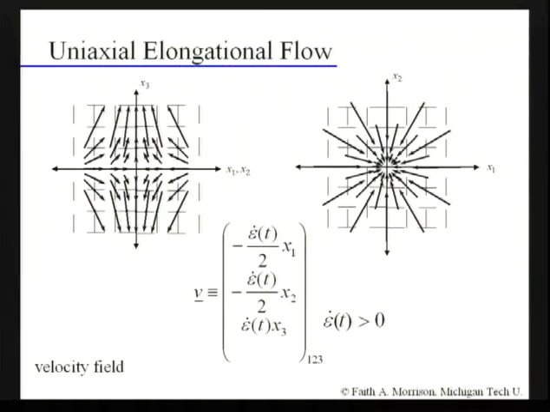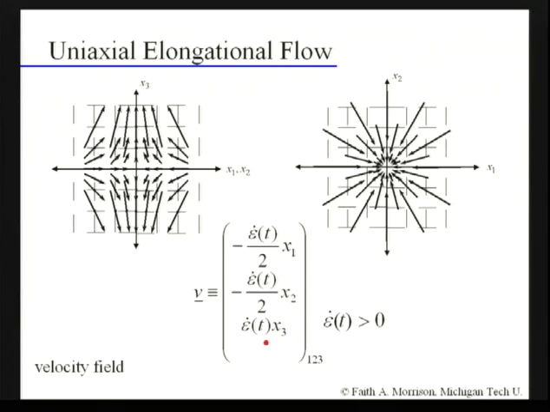In the 3 direction, which is the flow direction in elongational flow, the particles are separating. And in a 1-2 plane, the particles are coming in 2 directions. And in fact, this is a cylindrically symmetric flow. They're coming in at all angles. So it's coming in the 1 and 2 directions. It's extending in the 3. So that's what we have here. This is a positive term.